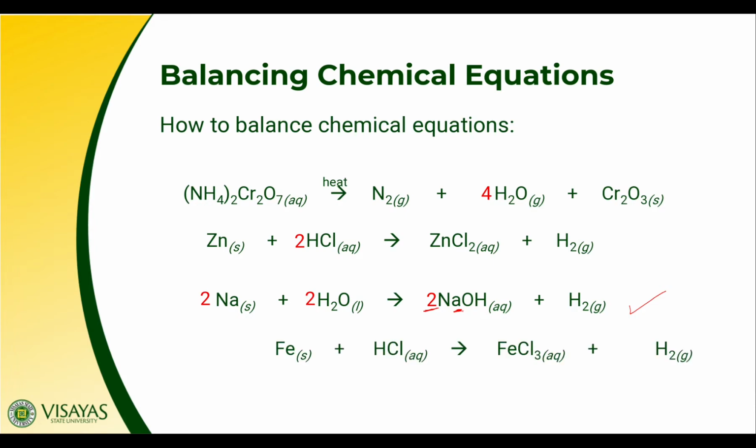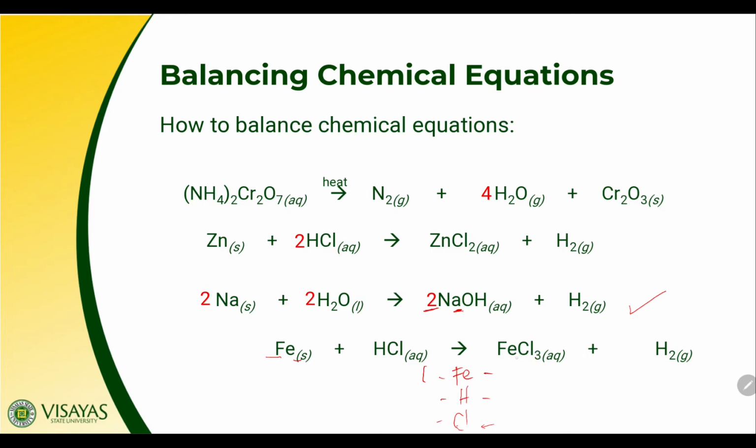Okay, next example. Iron reacts with hydrochloric acid to form ferric chloride and hydrogen gas. So we have iron, hydrogen, and chlorine. On the left side of the equation, we have 1 iron, because we have 1 times 1, it's 1.